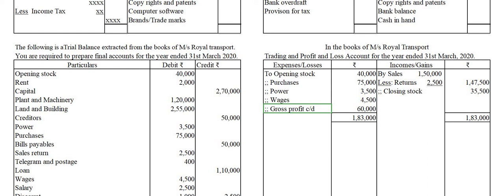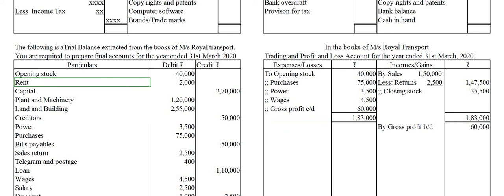Now next part is profit and loss account. So in the profit and loss account, what will be the first item? Yes, if there is gross profit, that will be the first item. Gross profit or gross loss will be written. Since it is gross profit, we have written it on the credit side. Then we can write all the indirect expenses one by one, we can check. So first item, opening stock already taken.